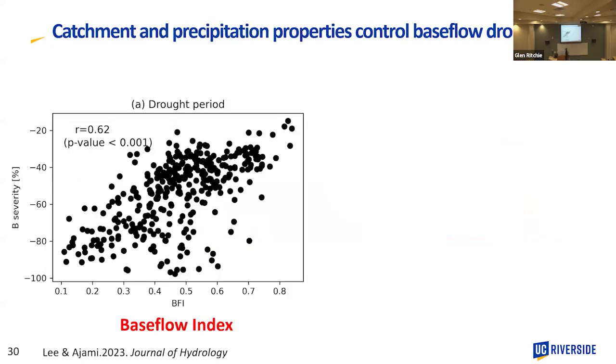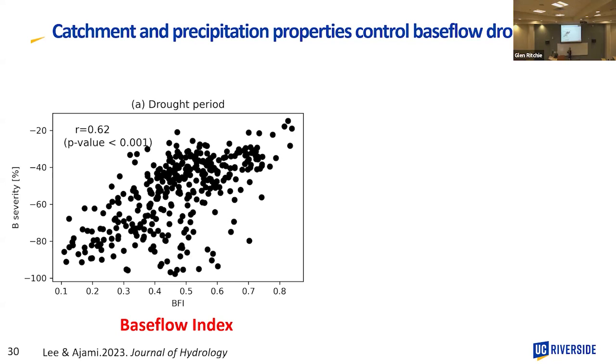Finally, we wanted to identify what the factors are that control these variations in the base flow drought intensity and severity. So here we are comparing the base flow index, which is the amount of base flow relative to the total stream flow. In catchments where the base flow index is higher, they are more dominated by groundwater.